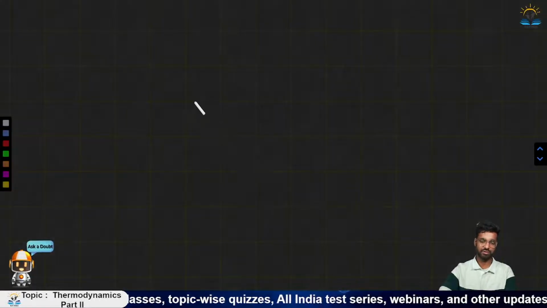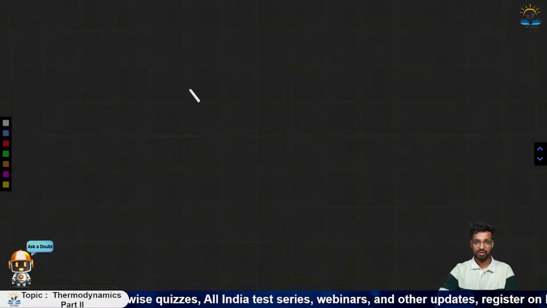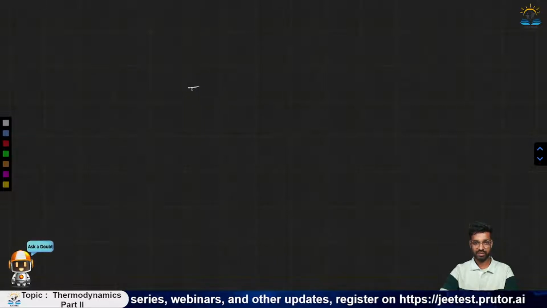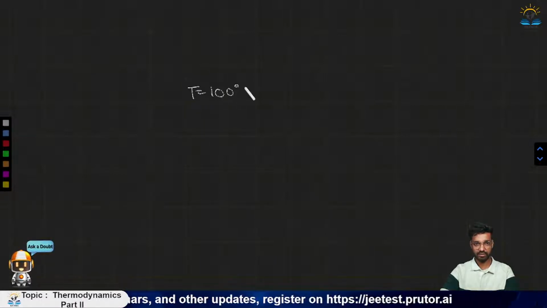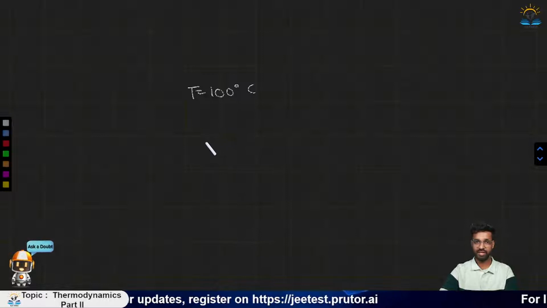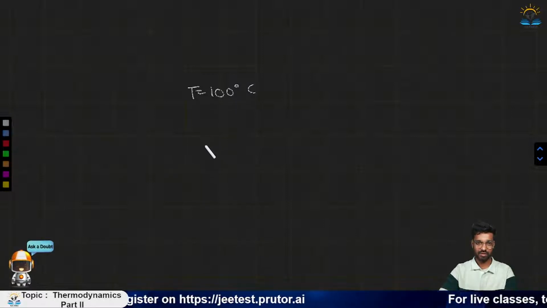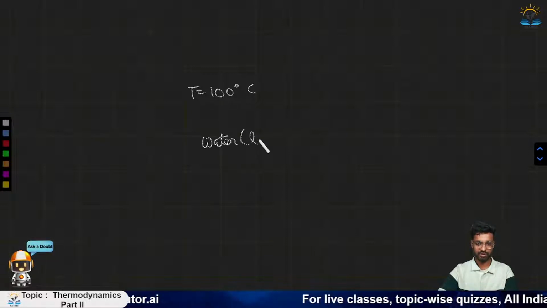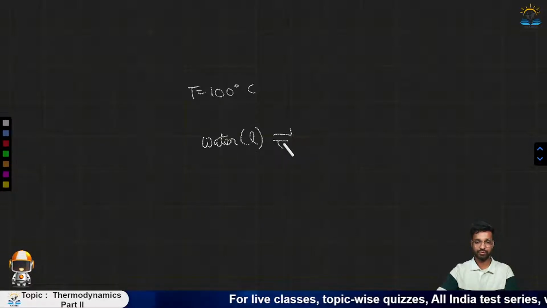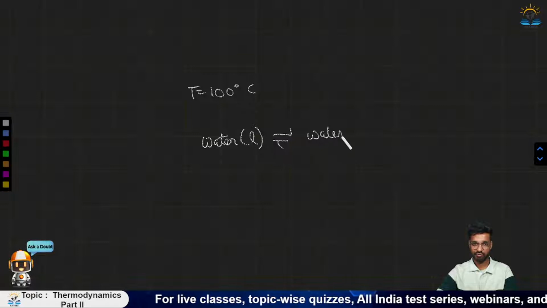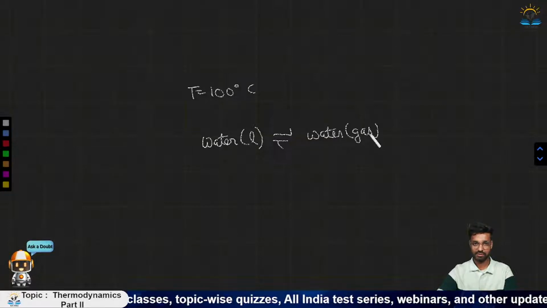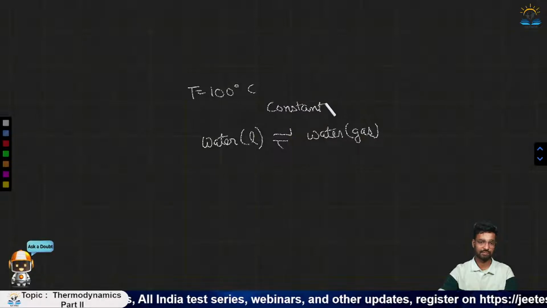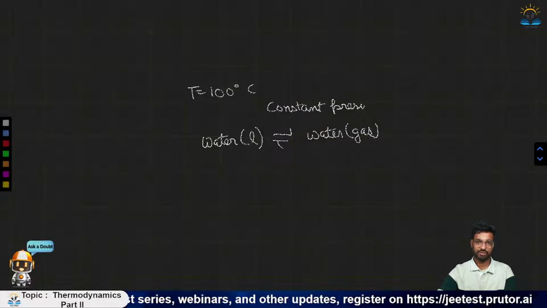So how is it so? Suppose we are calculating it for water. We know that the boiling point of water is 100 degrees Celsius. Now suppose the transformation takes place, that water in liquid form changes to water in gas form at constant pressure, which is 1 atm.